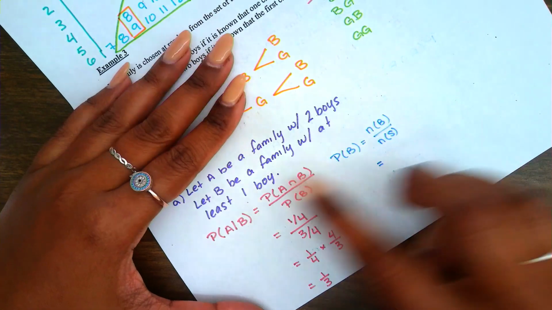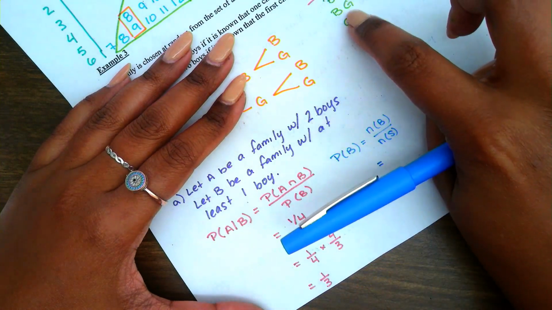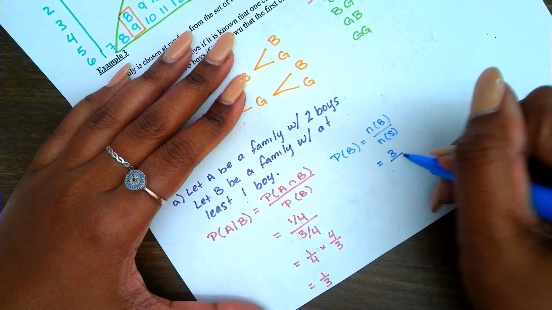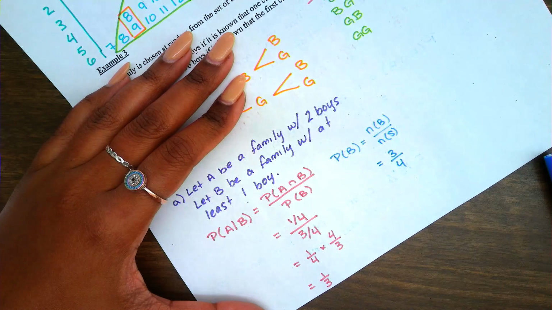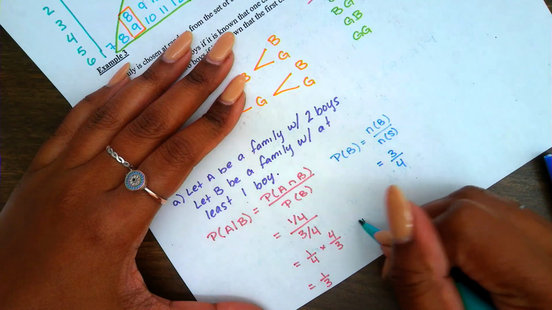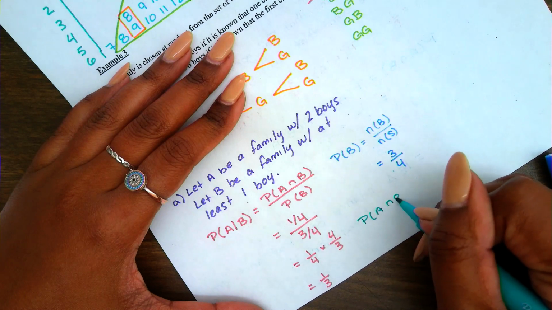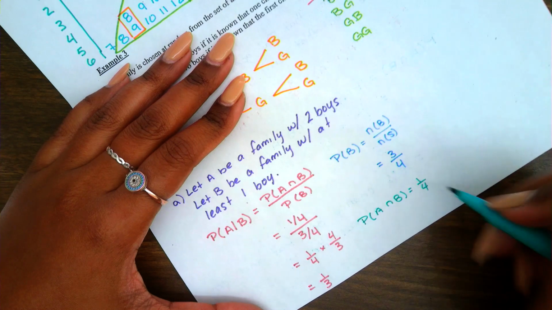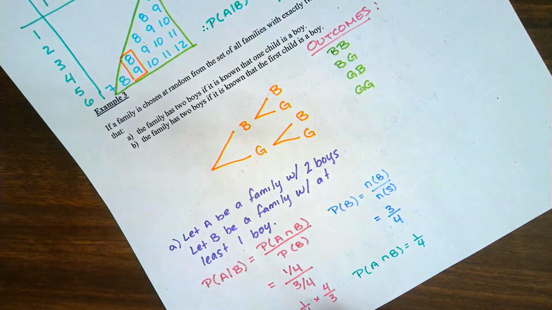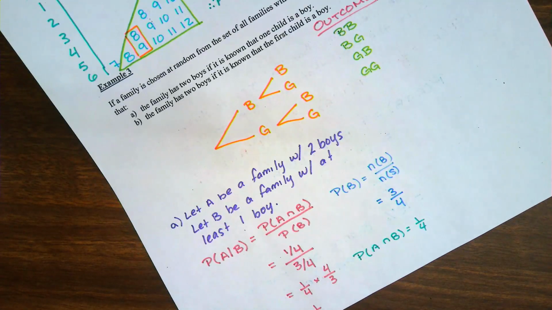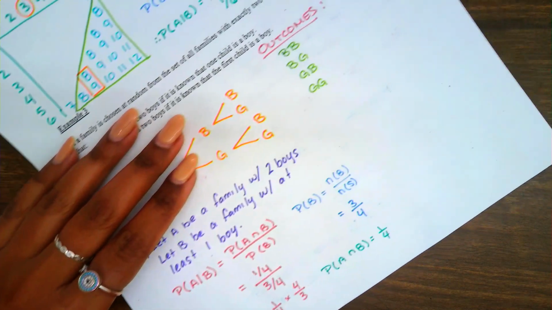Well, the only way we can have at least 1 boy is 3 possible ways over the 4 possible outcomes. We also know that the probability of both taking place is 1 over 4 because there's only one way we can have 2 boys and at least 1 boy. Okay, so that's how we got those values.